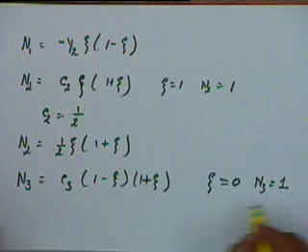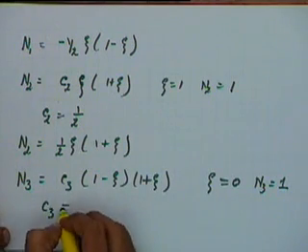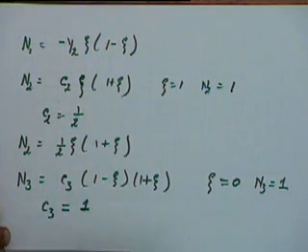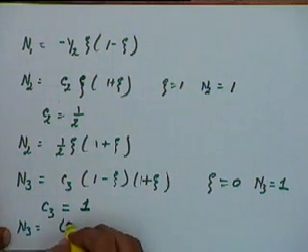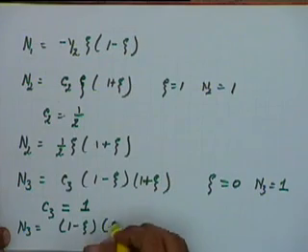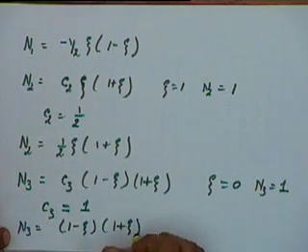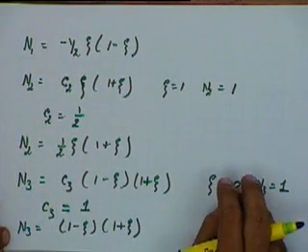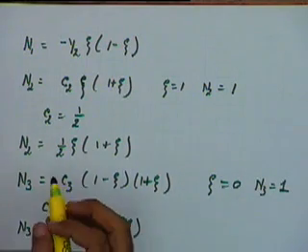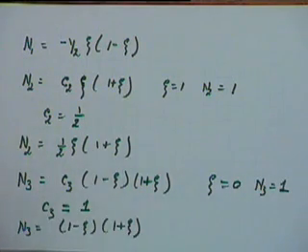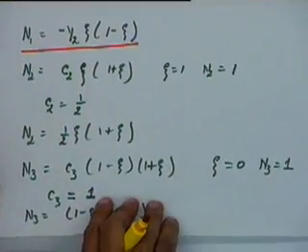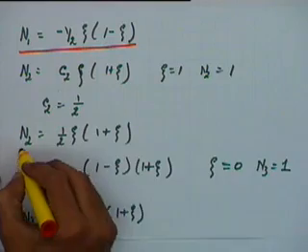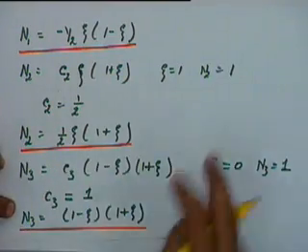If we put this, we will get C3 will be equal to 1. Therefore N3 is equal to 1 minus zeta into 1 plus zeta. So the three shape functions we will have, there will be this, then this and this.